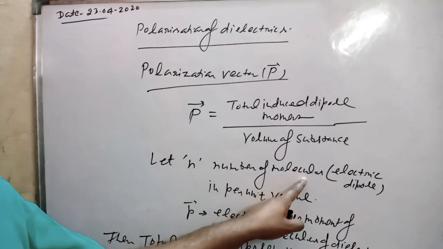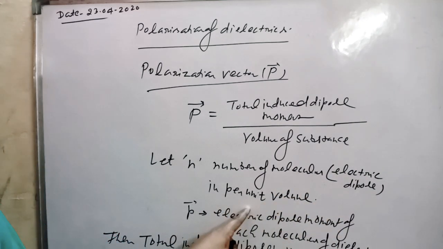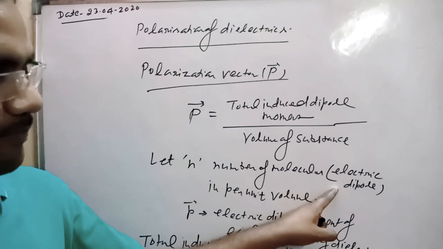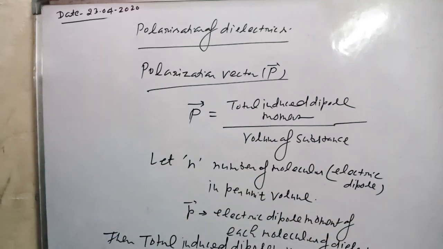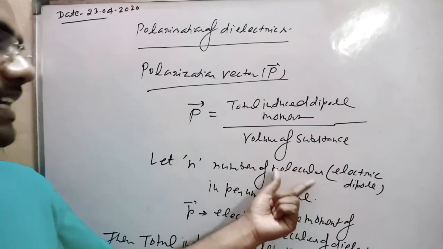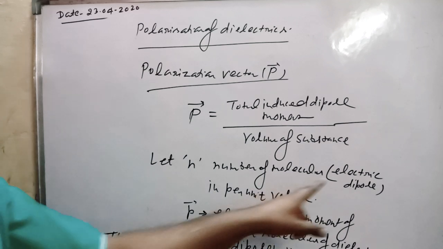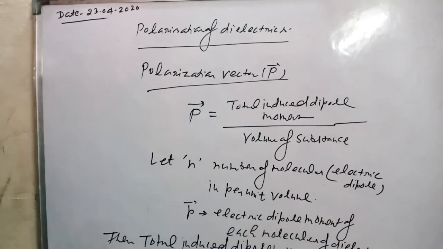N is the number of molecules or electric dipoles per unit volume. Actually, the number of electric dipoles is equal to the number of molecules present in the dielectric. Now here p is the electric dipole moment of each molecule, that means each electric dipole. Hence the total induced dipole moment of the substance per unit volume is equal to N into p.